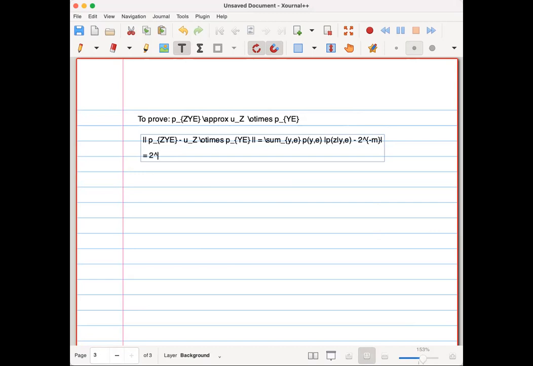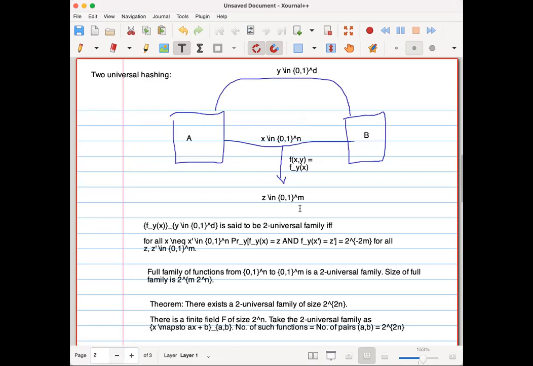So this is 2 to the power minus e, then sum over, so this is nothing but the sum over E, because of the way the protocol was designed, Y is independent of everything else.